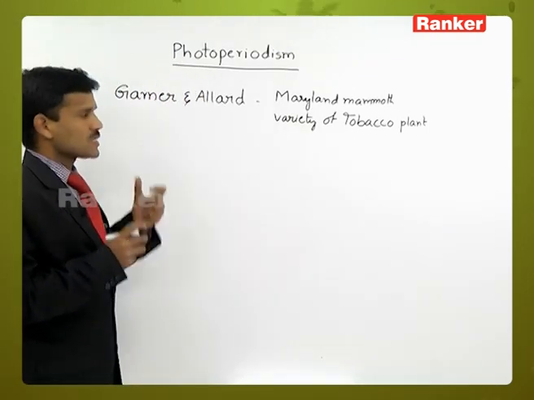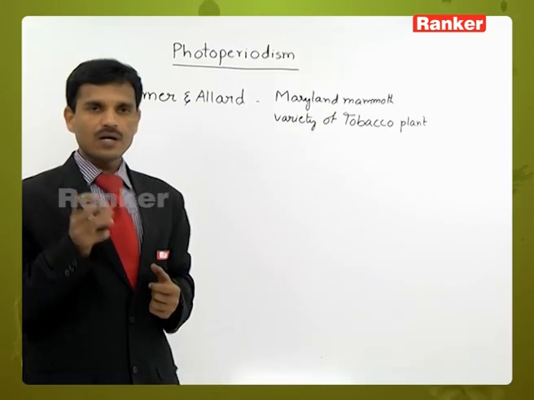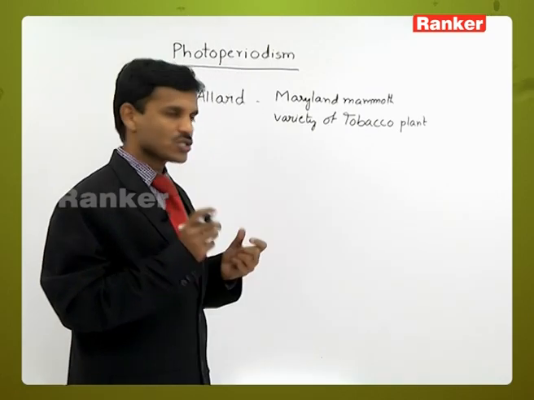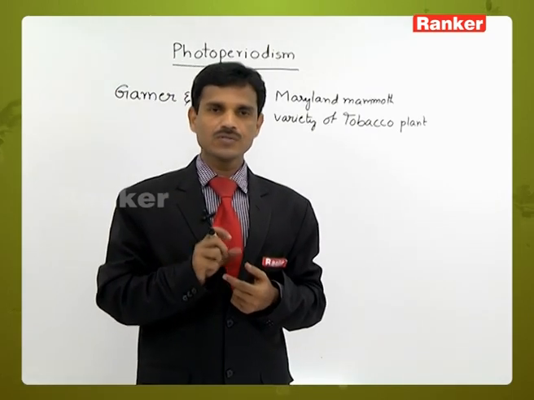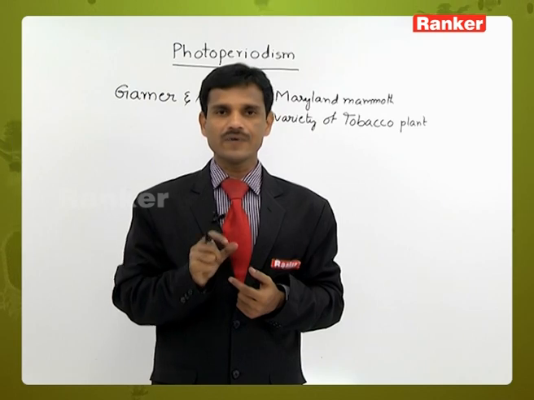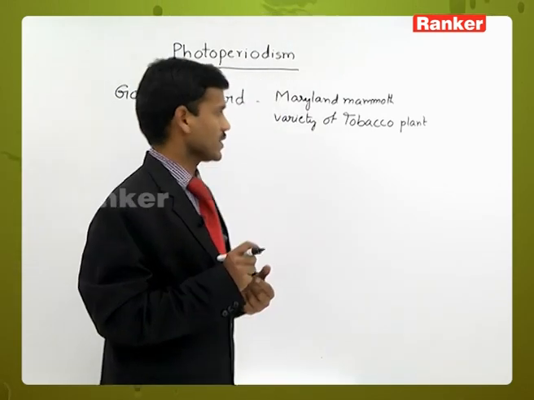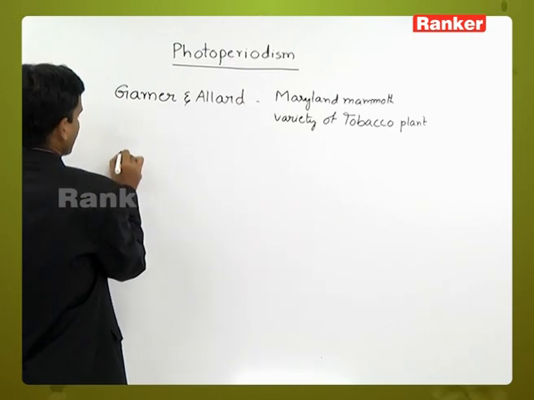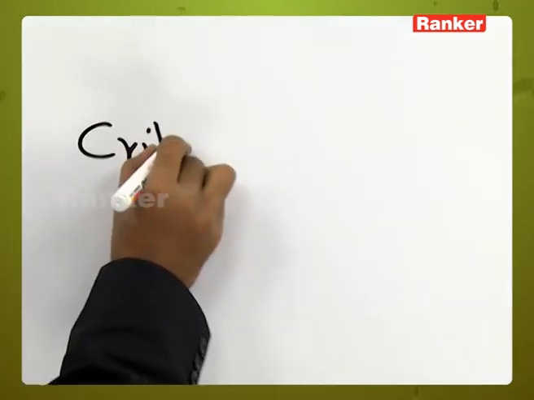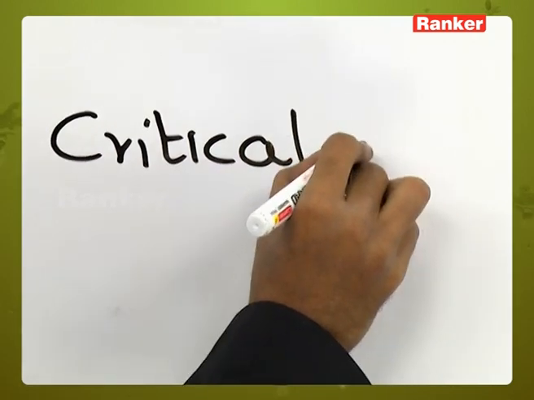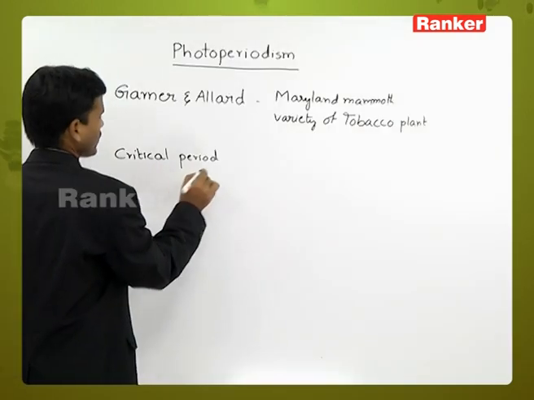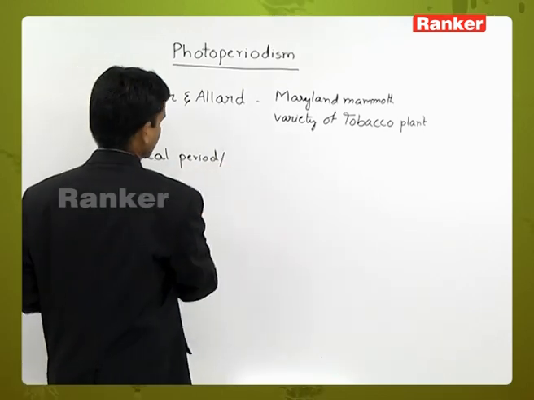Some plants require a long light period, or day period, and some plants require a very short day light period. So a certain light period is required for the induction of flowering. This certain light period is called the critical period or critical duration.